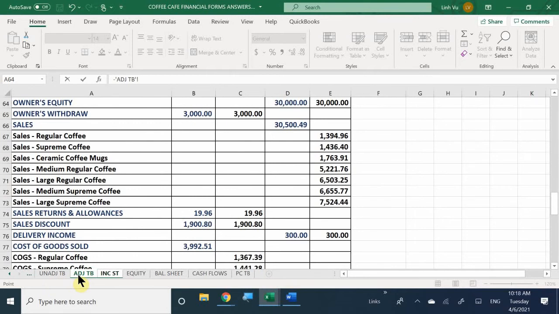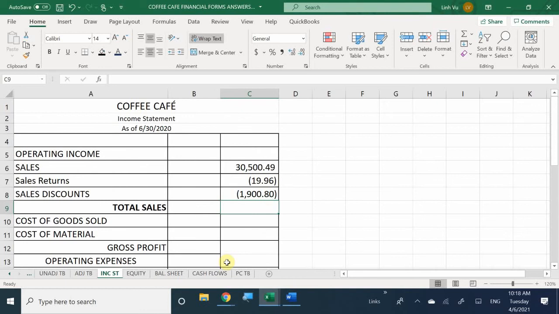What was my sales discount? $1,980. So what I did was I self-referenced. I grabbed it from the actual worksheet and just put a negative in front of it, right, for these ones, because these ones are what decreases your sales.